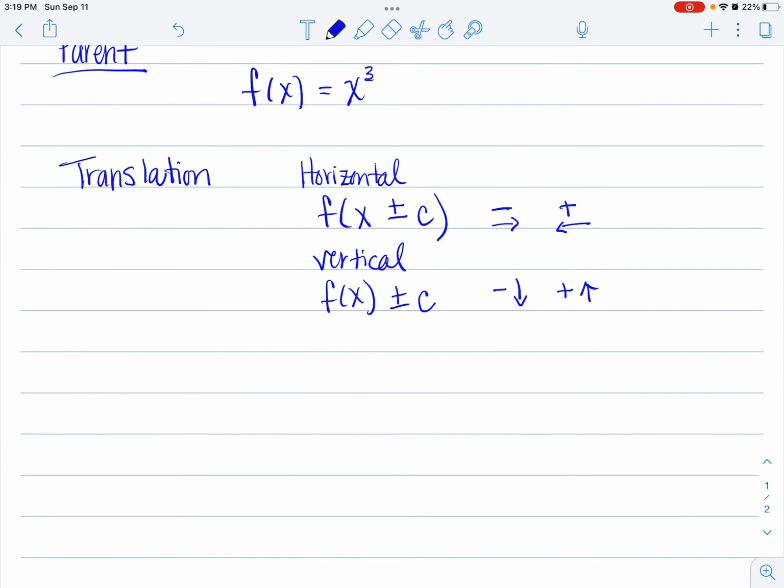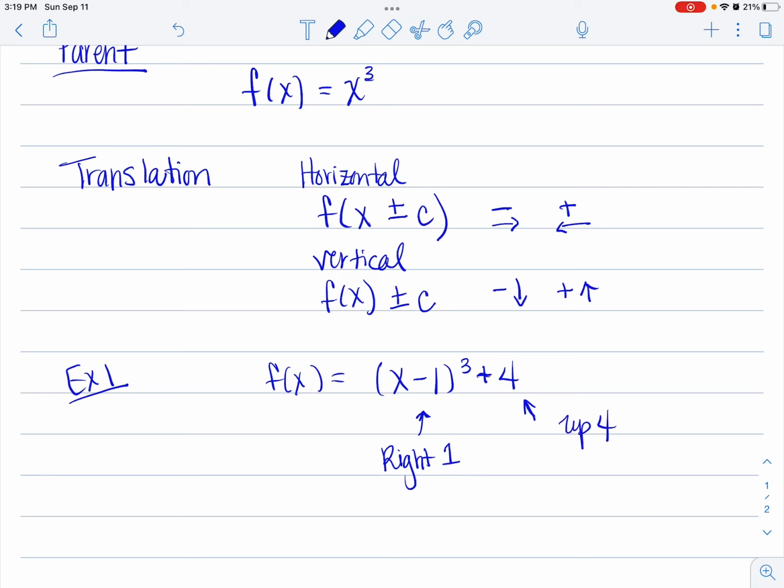So an example of what that would look like specifically for the cube function: if I gave you f of x equals (x minus 1) to the third power plus 4, and I ask you, how's that cube function moving? You would tell me that because of the inside subtraction, it is shifting to the right 1 unit, and because of the outside addition, it would be moving up 4 units.